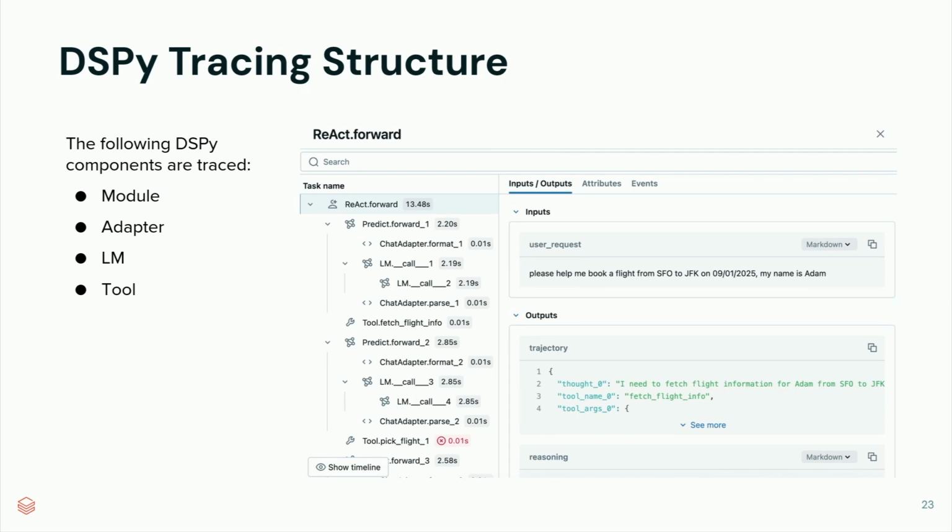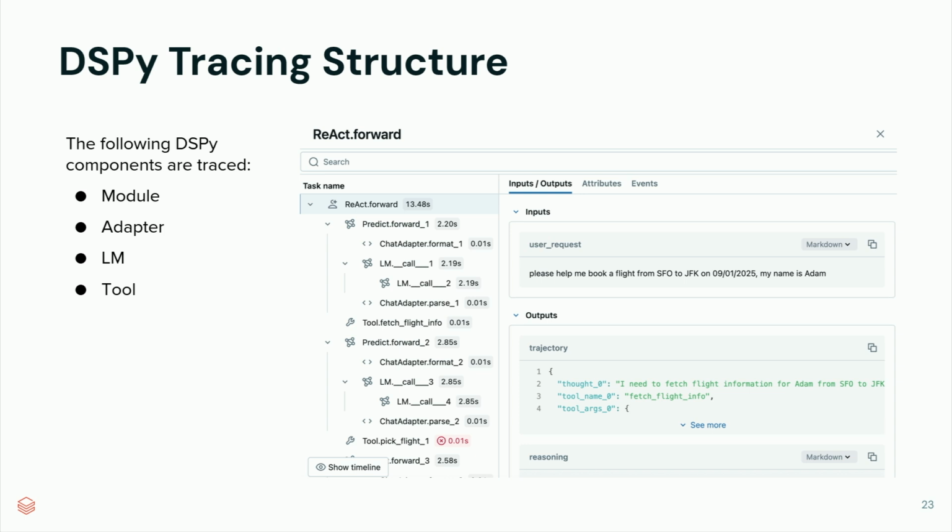And this is what a trace looks like. We trace four things inside DSPy. We trace every module call, no matter if it's a top-level or child module call. We also trace the adapter. We didn't mention the adapter, but it's very simple. In DSPy, we call the DSPy program with structured inputs, but there has to be one place where we transform the structured inputs into a prompt.